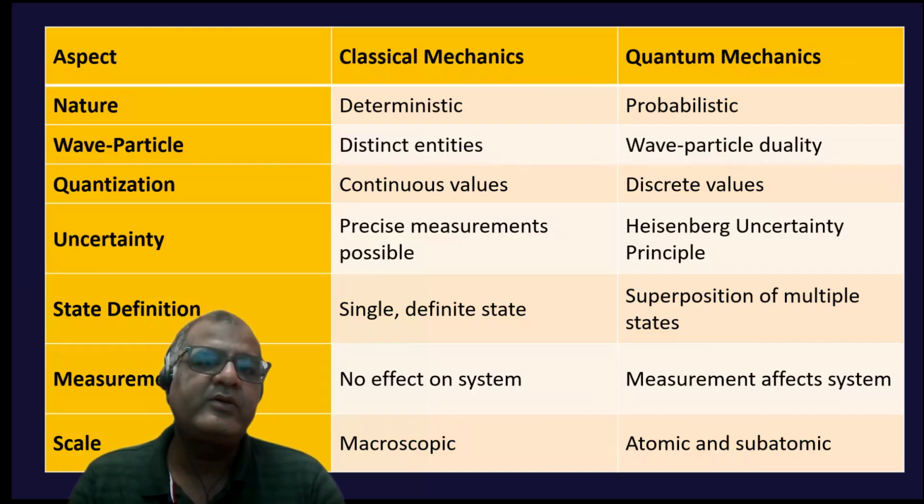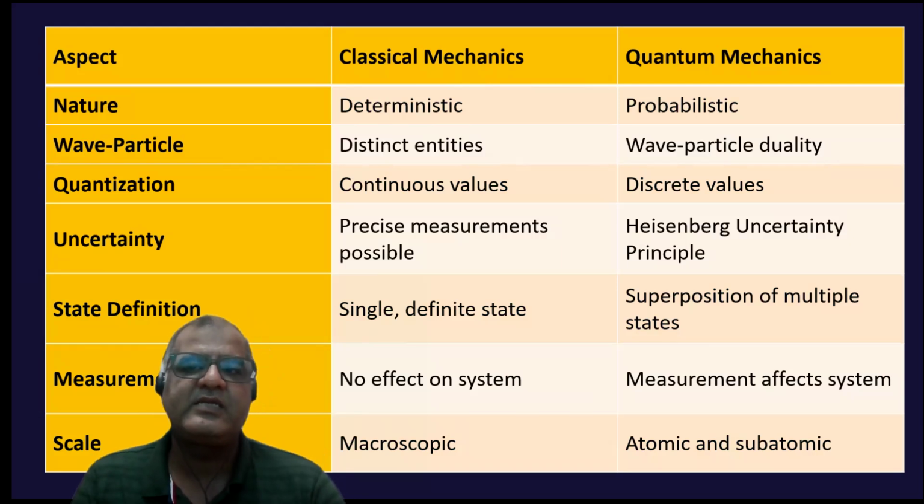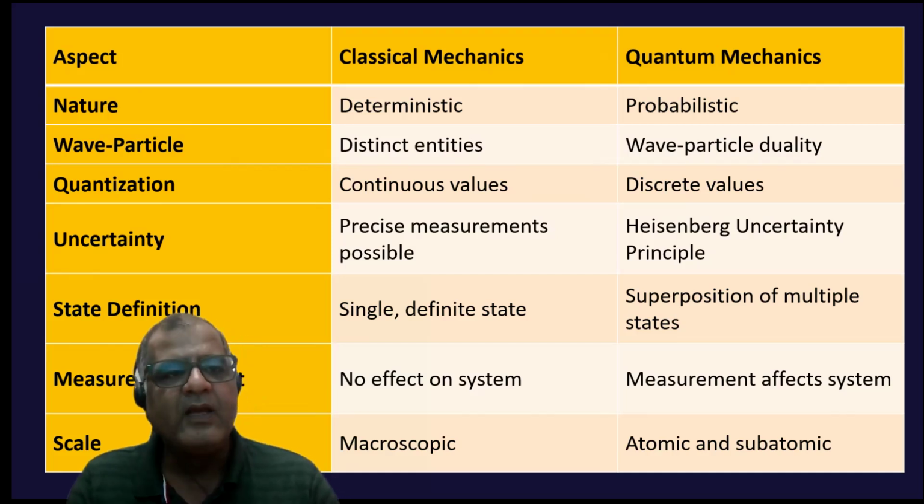So in conclusion, there are different aspects where classical mechanics and quantum mechanics differ. Classical mechanics is deterministic, while quantum mechanics is probabilistic.